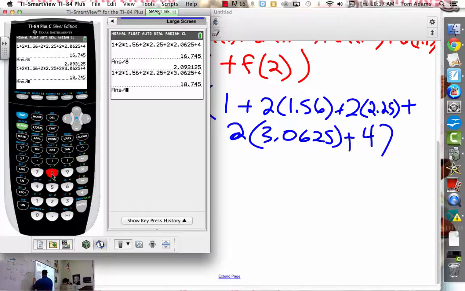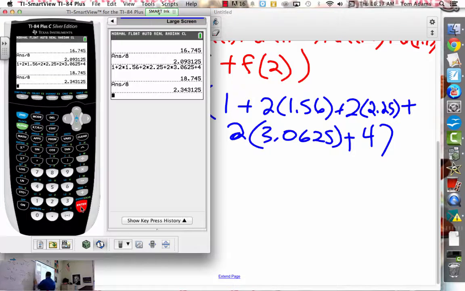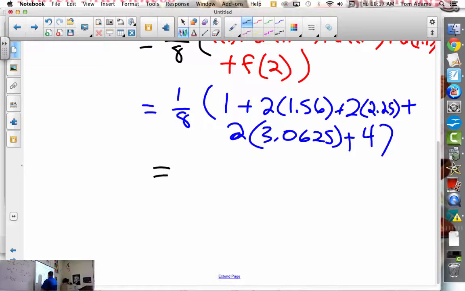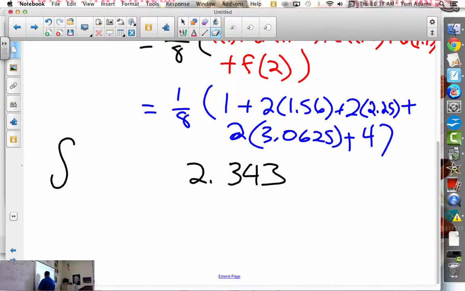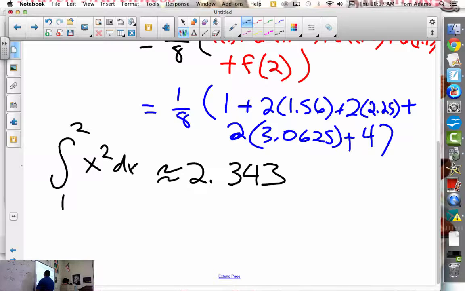Okay, now I divide that by 8. There we go. So I got 2.343. So this is approximately 2.343 using the trapezoidal rule. So that's not the exact amount, but that's approximating using the trapezoidal rule. So that was from 1 to 2 of the function x squared dx.